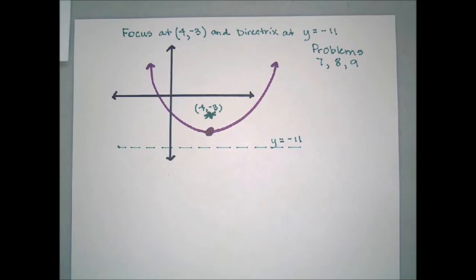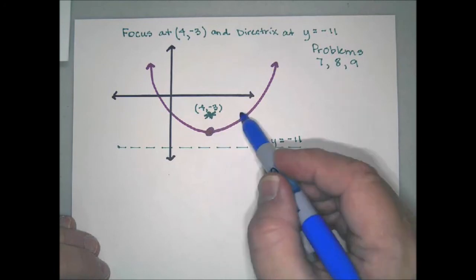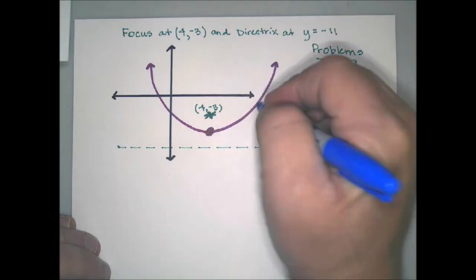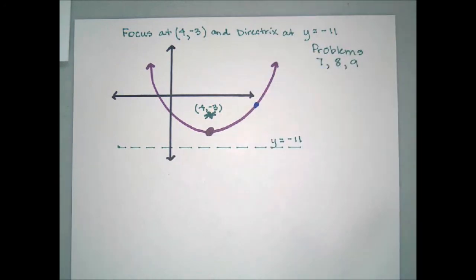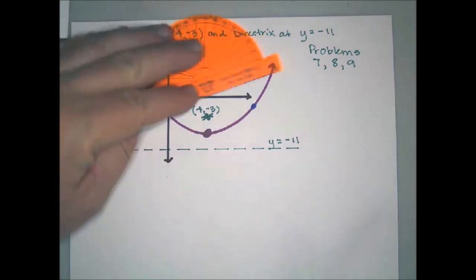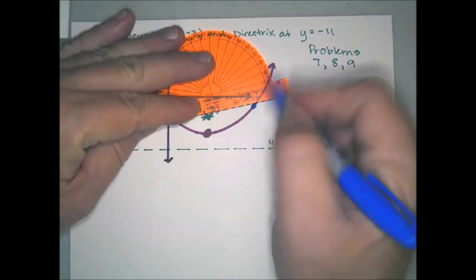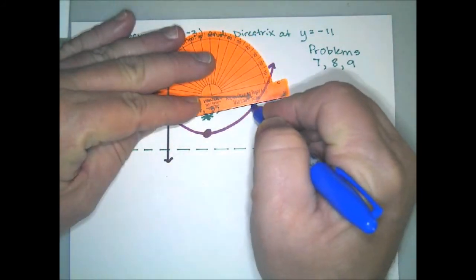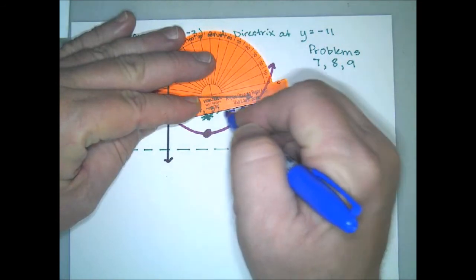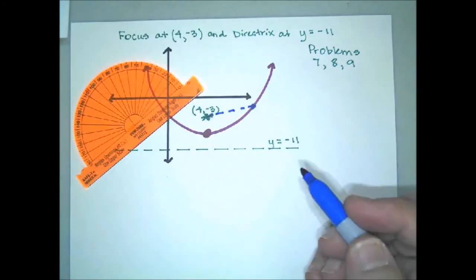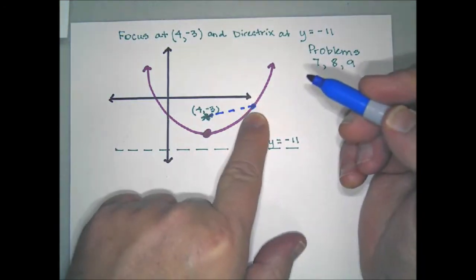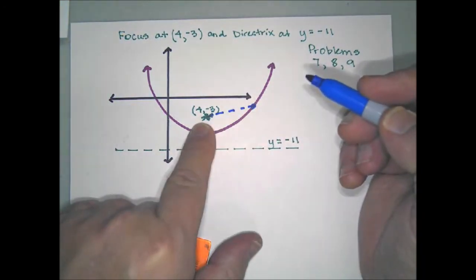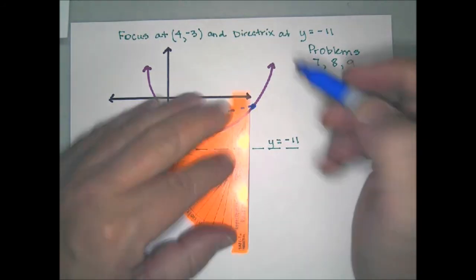Well, here we get into one of the many relationships of a parabola. For any point on a parabola, any point at all, let's say this one right here, it is equidistant, so the 2 distances are equal. The distance from that point to the directrix and the distance from that point to the focus are the same.